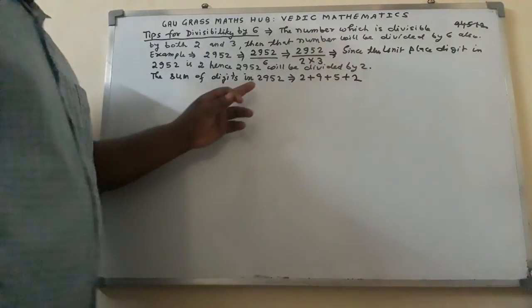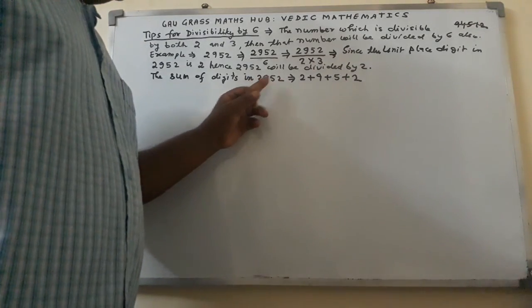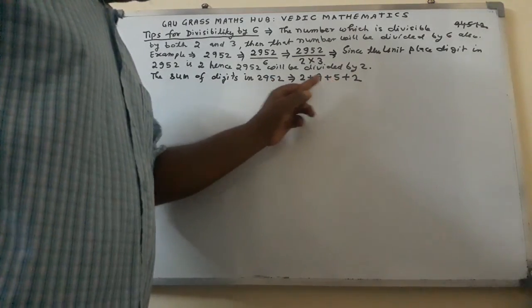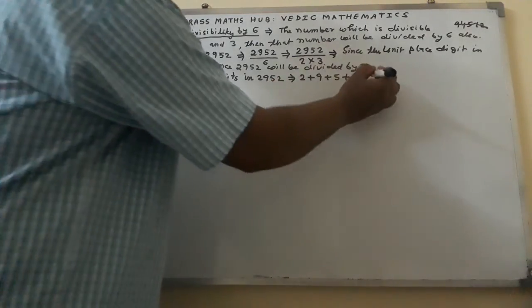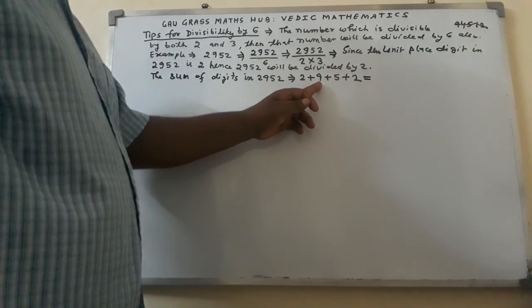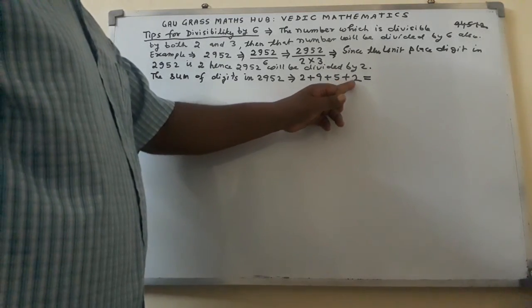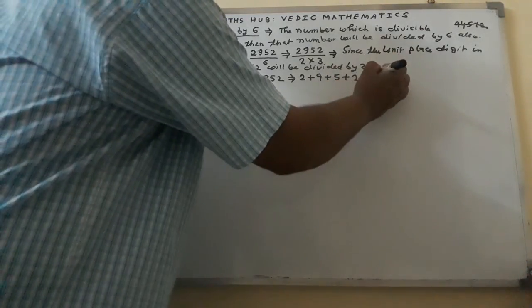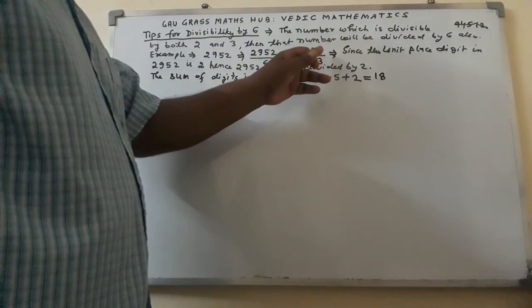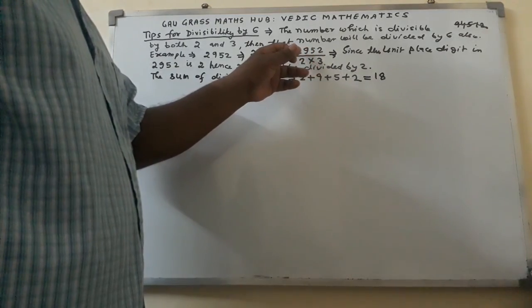So 2 plus 9 is 11, 11 plus 5 is 16, 16 plus 2 is 18. You have got here 18.